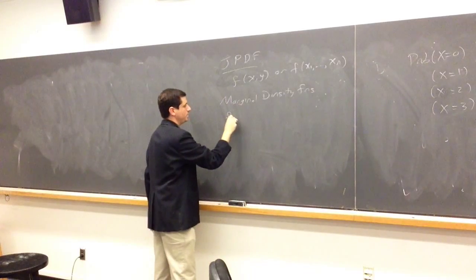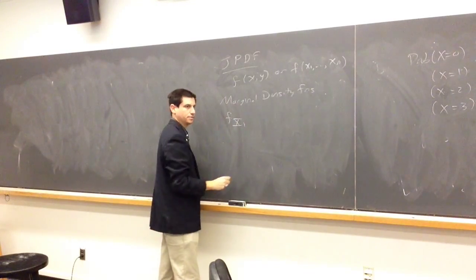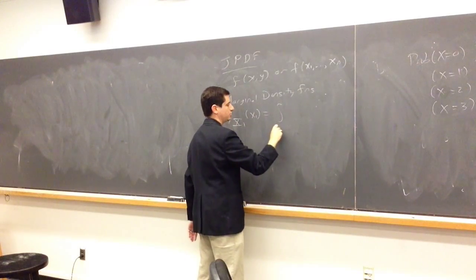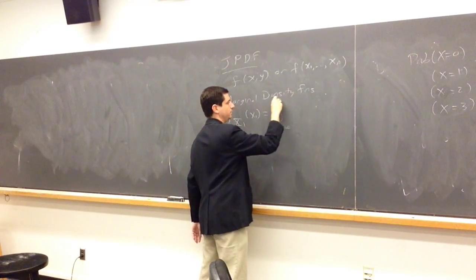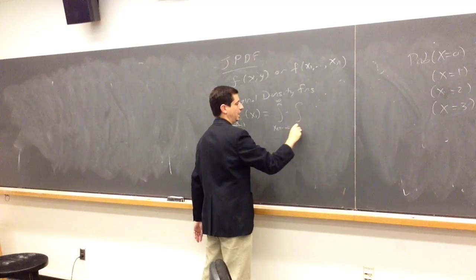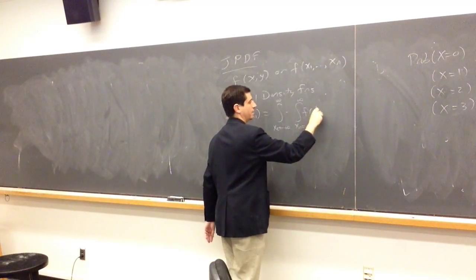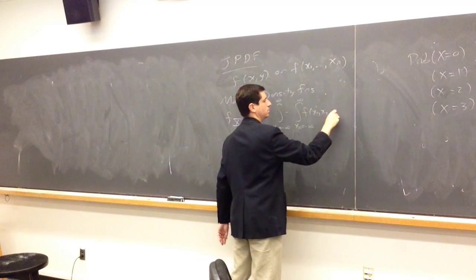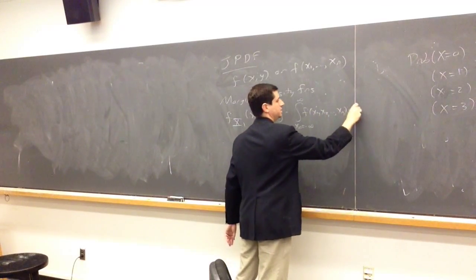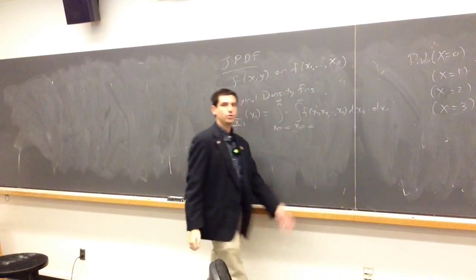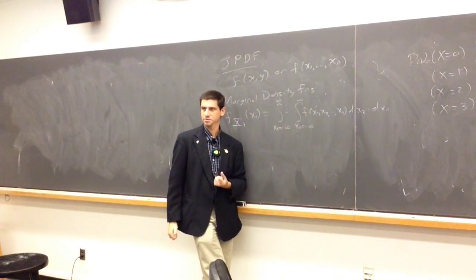What I can do is, f of x1 of x1 would be the integral, x2 goes from minus infinity to infinity, dot dot dot, integral xn goes from minus infinity to infinity, of f of x1, x2, through xn, dx2 through dxn. And of course you would have similar things for sums.